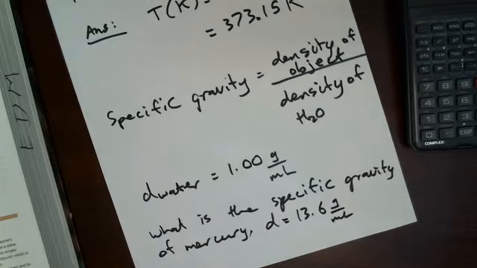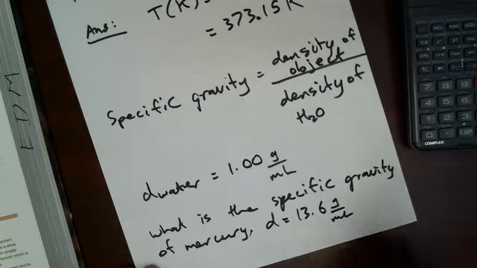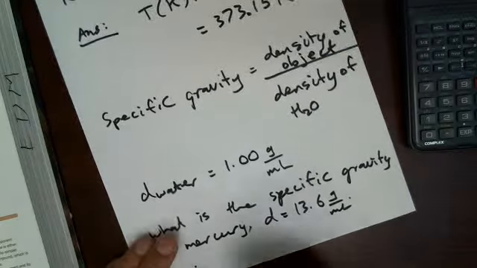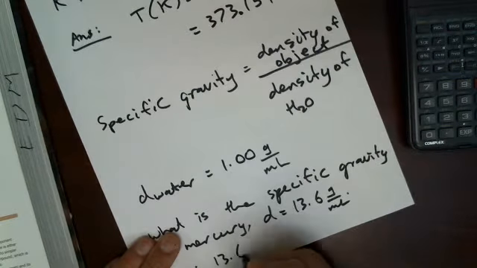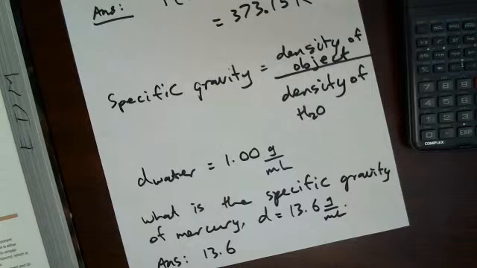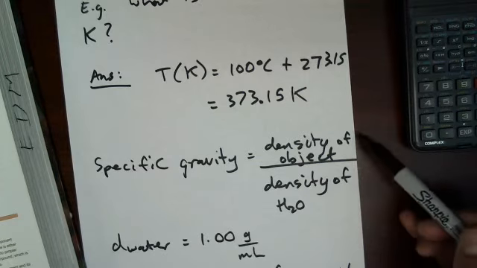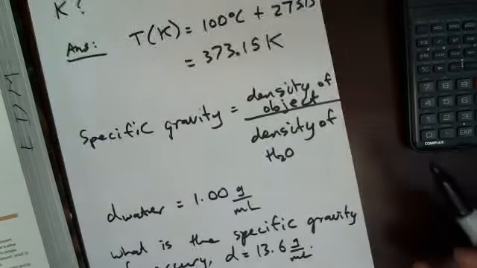Well, the answer is easily that it's going to be 13.6 divided by 1, which is just 13.6. But we don't have the units, because if this is in grams per mil and this is in grams per mil, the grams per mil are going to cancel.